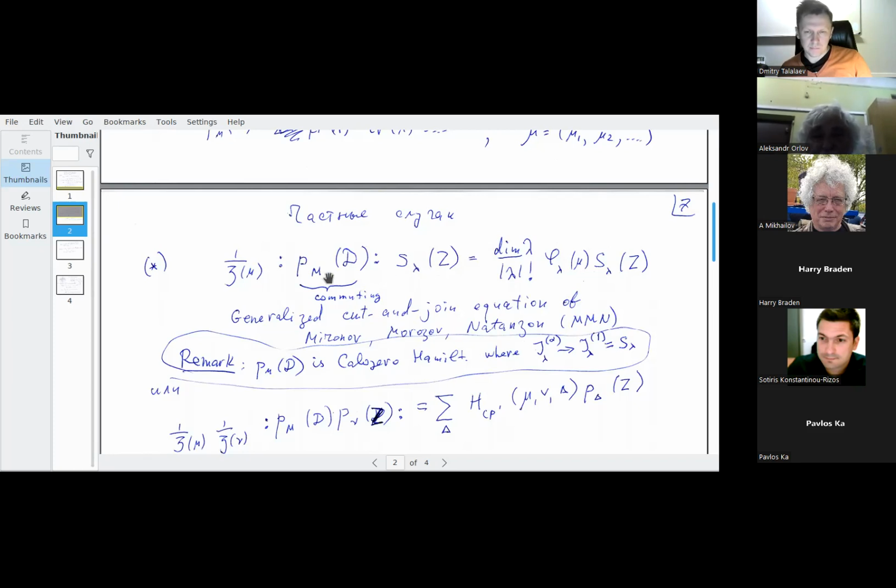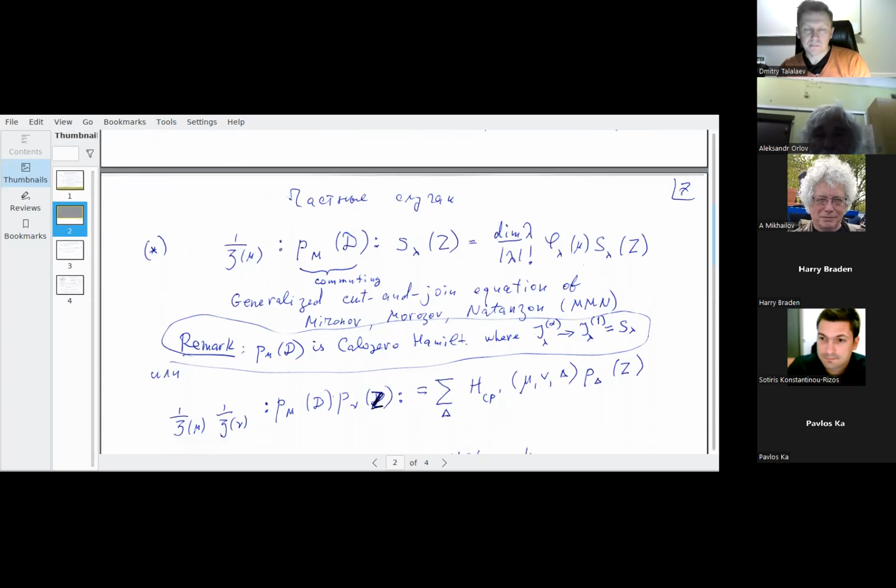But if it is smaller, it stays correct with some correction to this eigenvalue. It is the topic of the completed cycle. We should complete the cycle mu. It is smaller, but we complete it by one box, by a leg. The unit diagram consists of one box. It is possible to do here, but I don't know how it is possible to do in other cases.